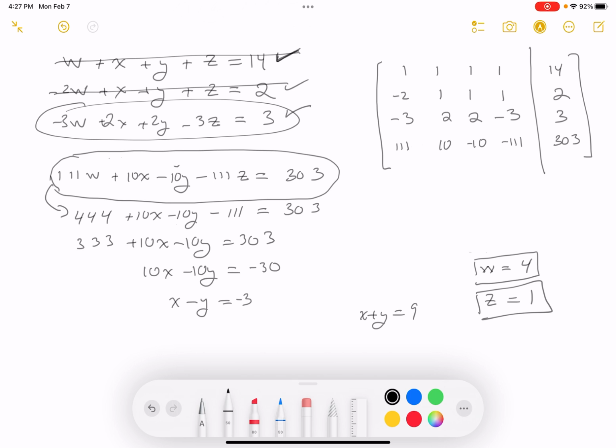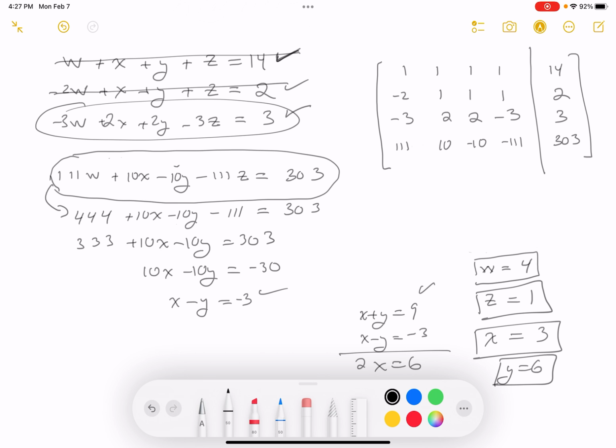I got these two equations now. And I think I could take those two and put them together. And if you did that, I'll write next to it, x minus y equals minus 3. Well, 2x would equal 6, and now I know x is 3. And what's y? Well, you can take any equation you want. And I'm looking at it, and y would have to be 6.